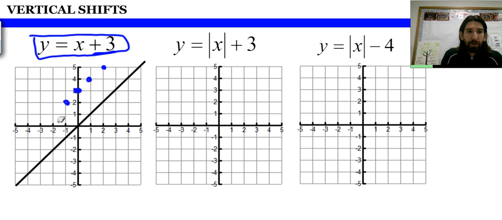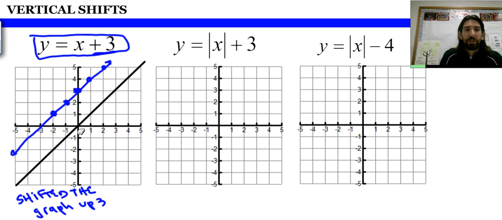Down 1, backwards 1. So if you can remember, when you add a number to the end of the equation, it shifted or moved the graph up 3. I was at (0, 0), and now I'm at up 1, up 2, and up 3.